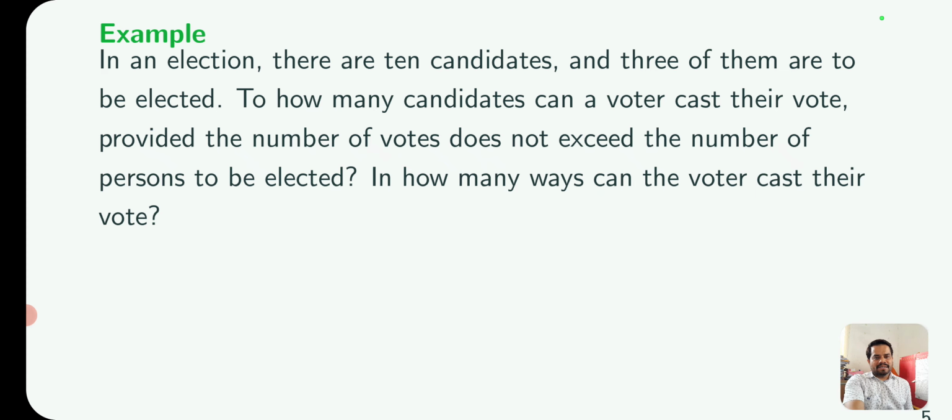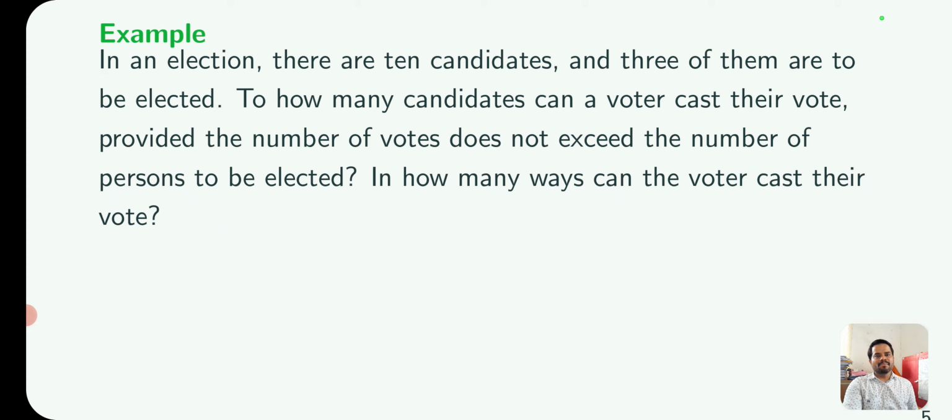So see, in an election there are 10 candidates and 3 of them are to be elected. The second thing given is how many ways a voter can cast their vote, provided the number of votes does not exceed the number of persons to be elected. It means that there are a maximum of 3 votes, because we have to select 3 candidates out of 10.